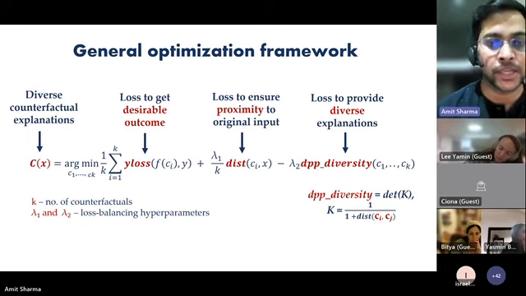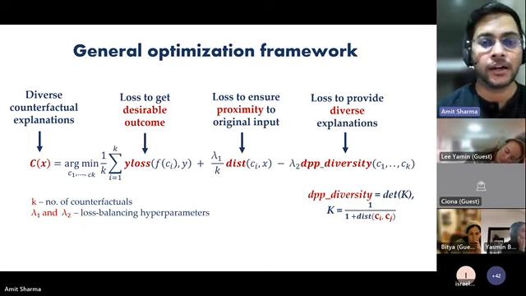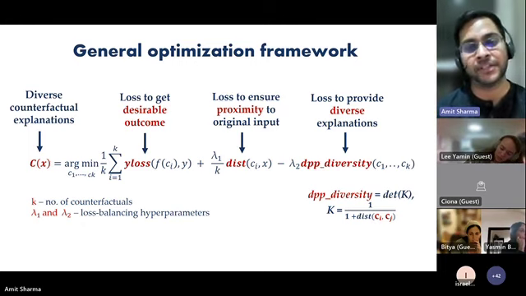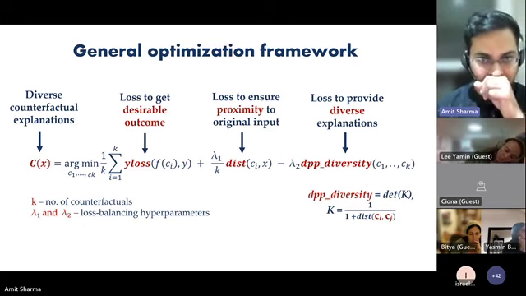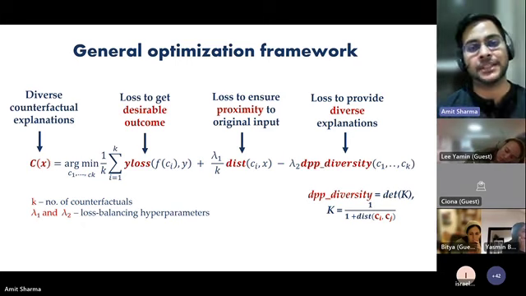So this should be low, plus the distance of c_i from x, where x is the original input, should be low. And then we also had a term which was prioritizing diversity. So this is the determinant of a determinantal point process matrix. And essentially what it ensures is that the CIs that I'm generating are diverse among themselves.